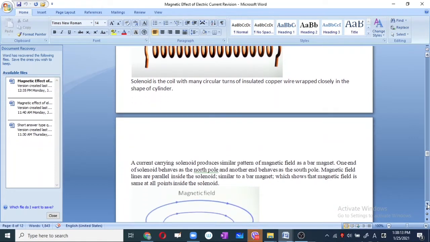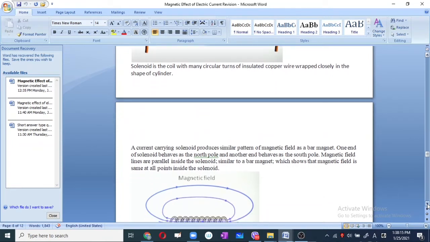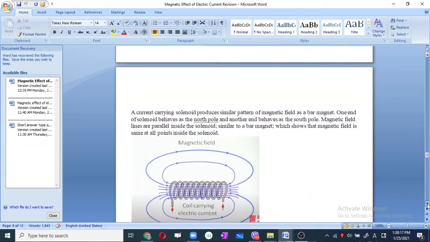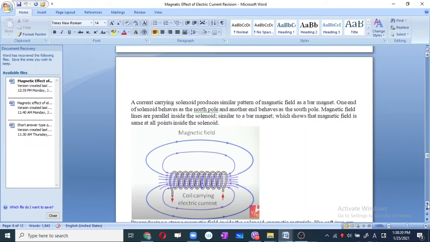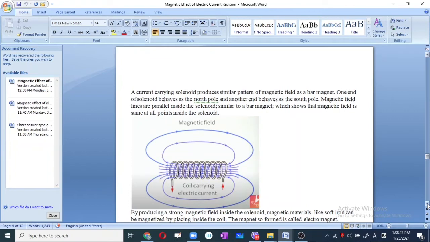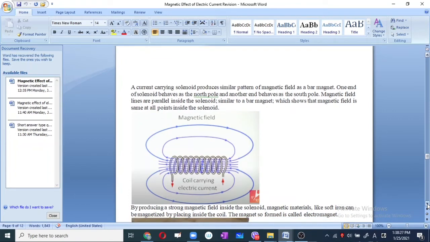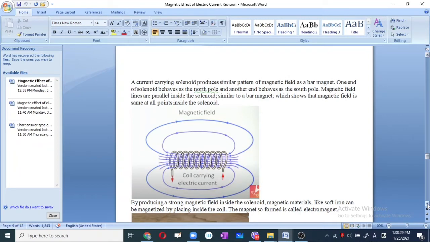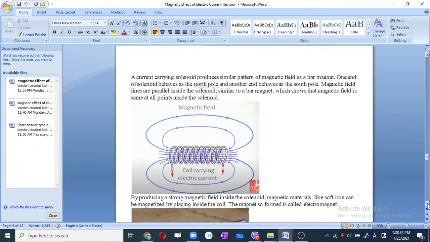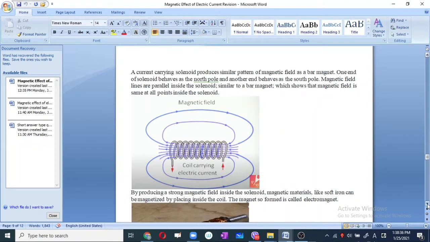So a current carrying solenoid produces a similar pattern of magnetic field. Now if we are coming to discuss the pattern of magnetic field produced by a solenoid, then the pattern of the magnetic field produced by solenoid is similar to that of bar magnet. So one end of the solenoid behaves as a north pole and the other end behaves as a south pole, as you can see on the figure. Magnetic field lines are parallel inside the solenoid similar to the bar magnet, which shows that the magnetic field is same at all points inside the solenoid.